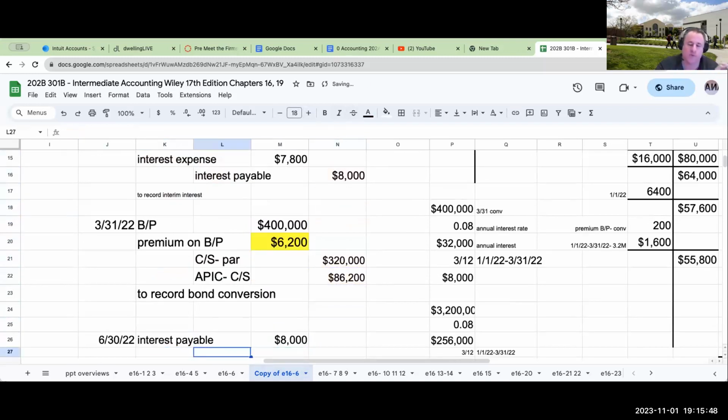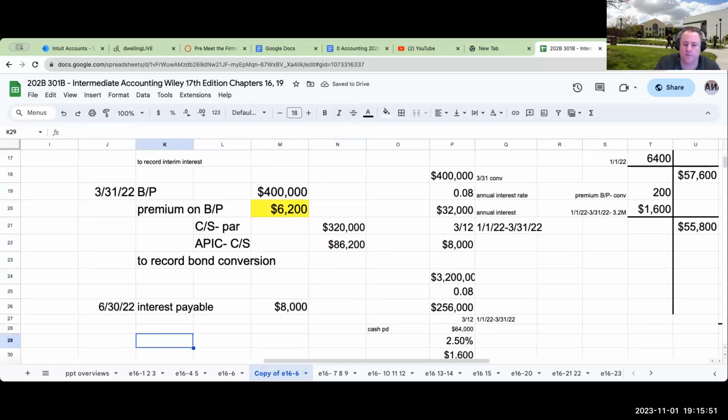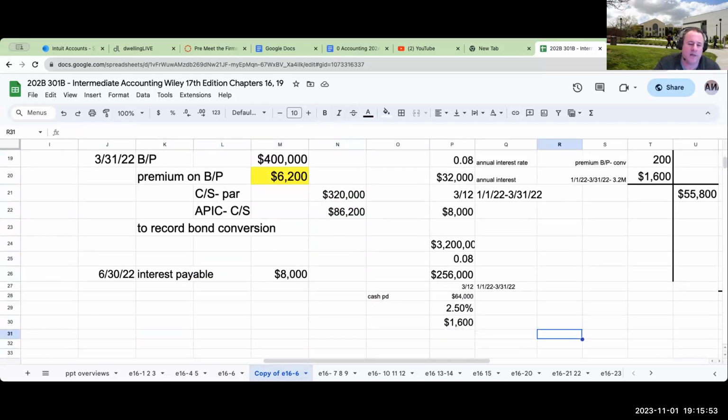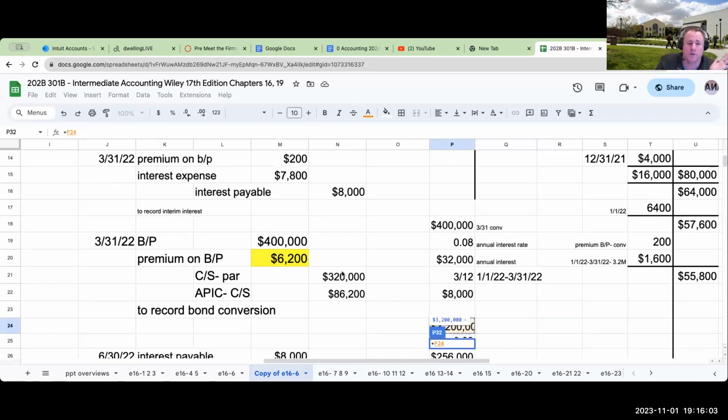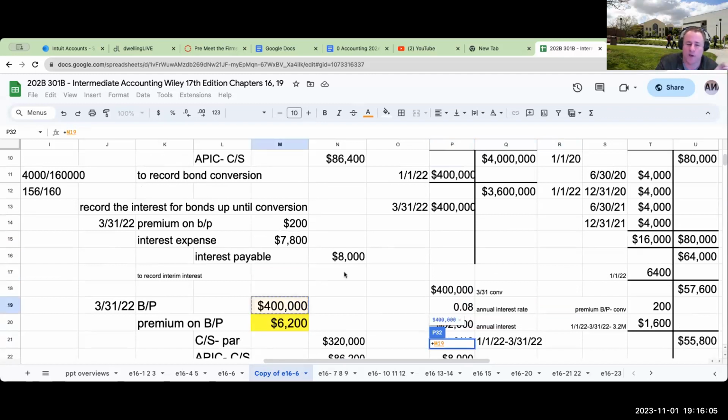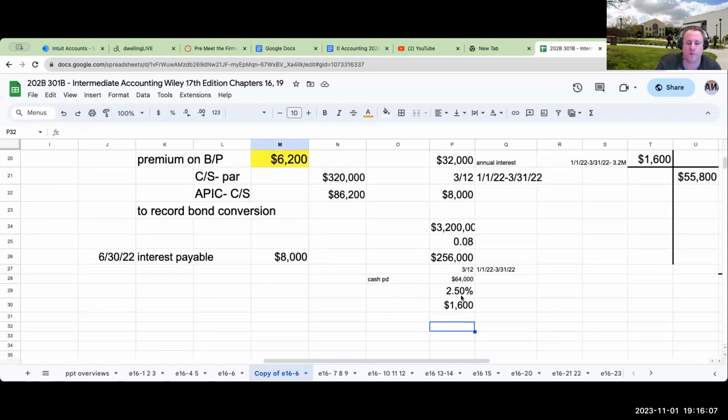This related to the bonds that were being converted. But what I now need to do is say, okay, how much am I going to be paying on the remaining bonds that are outstanding for the entire time? Well, I already took care of this 400, but the remaining 3.2 million.